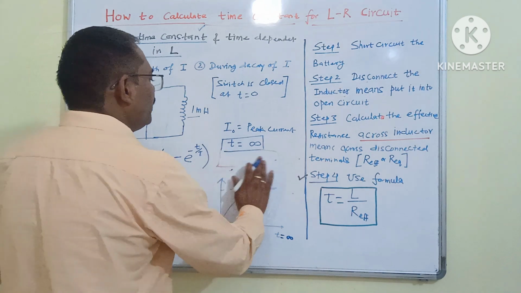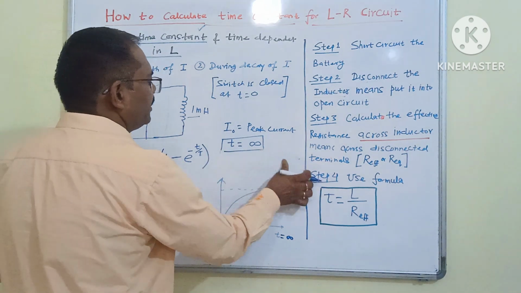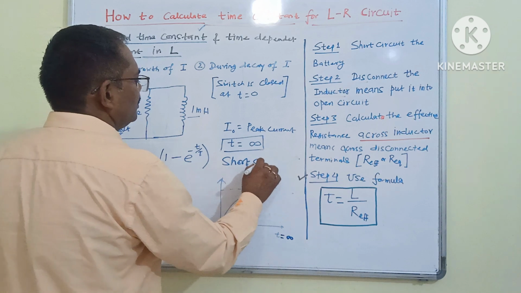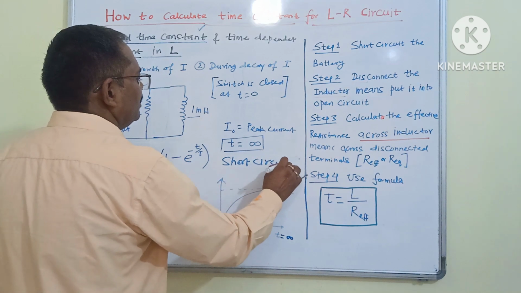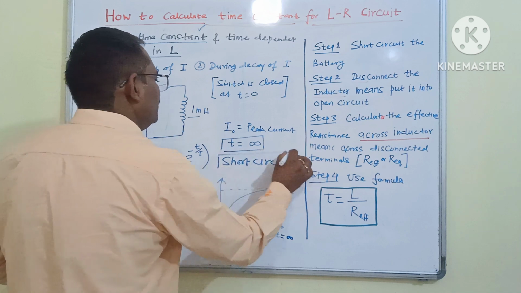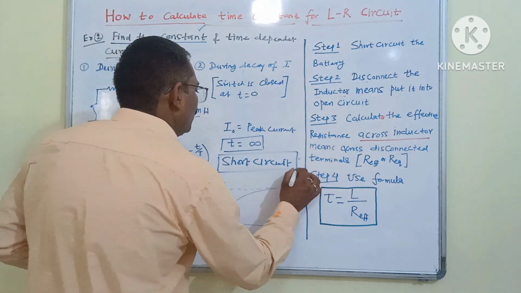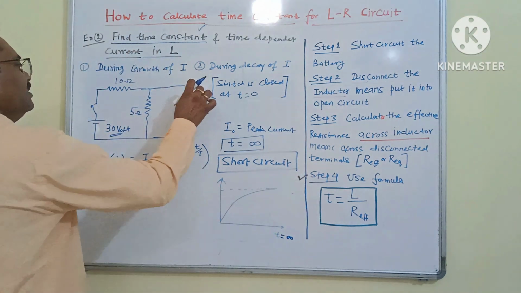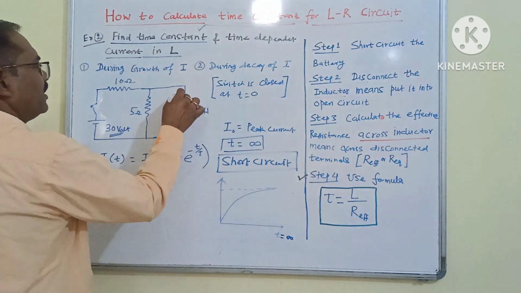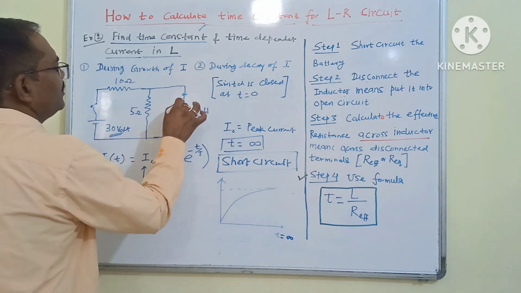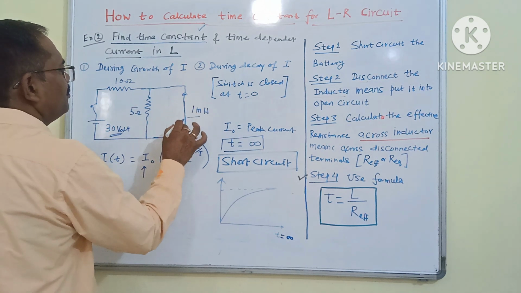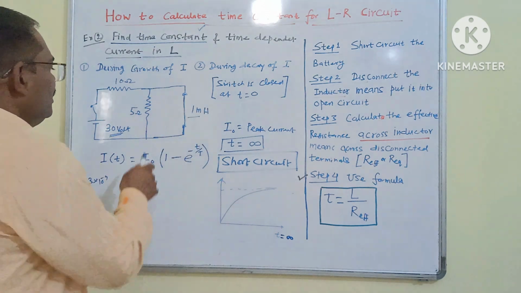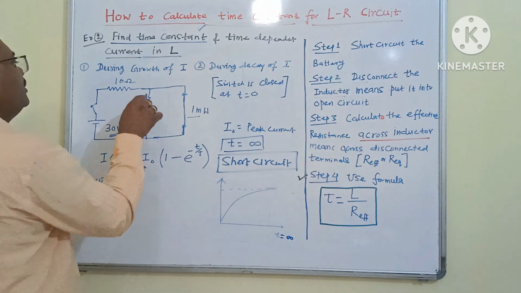And corresponding to t equals infinite, inductor will behave like short circuit. Means if growth has taken place for very long time, then inductor needs to be replaced by a simple wire. Inductor will be there, but it behaves like simple wire. In that case, you can calculate peak current.